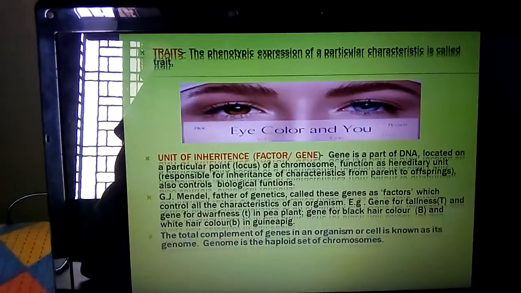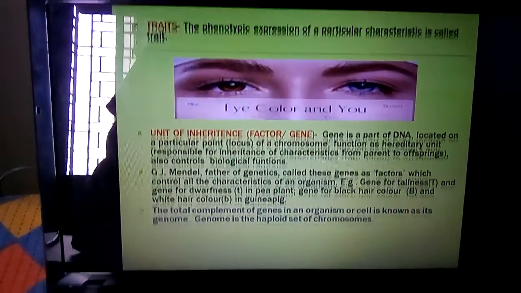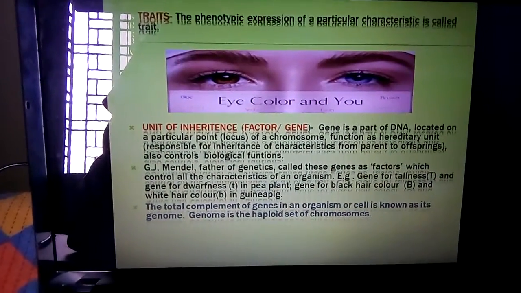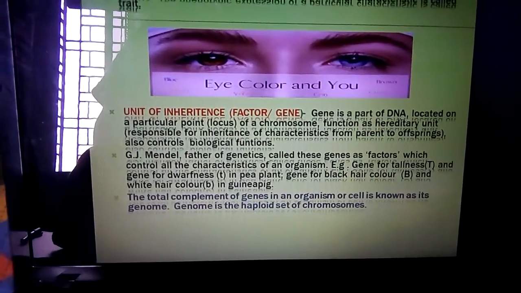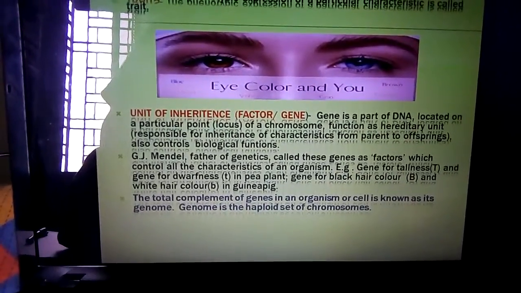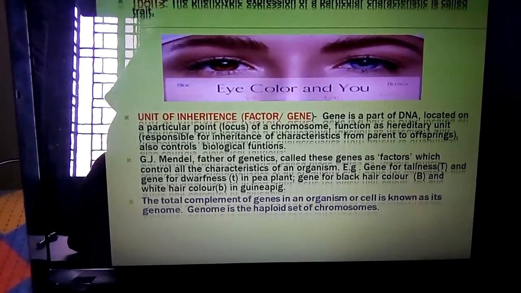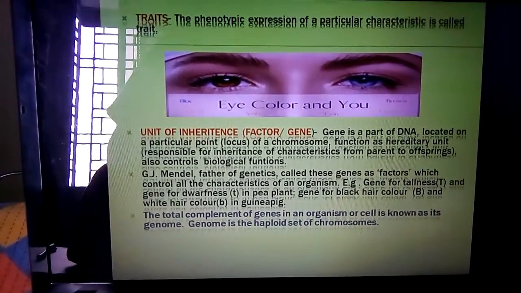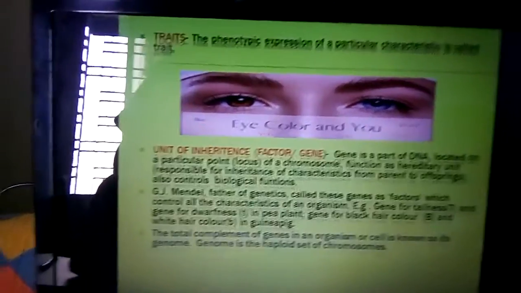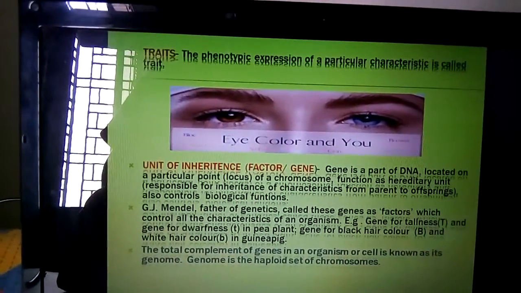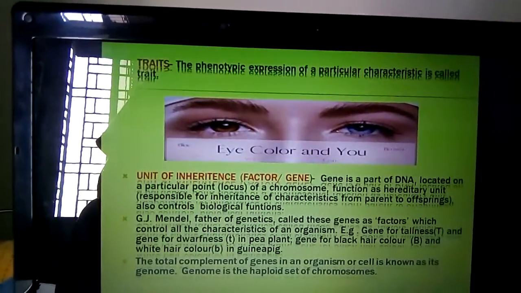So what is genome? The total complement of genes in an organism or cell is known as its genome. Genome is the haploid set of chromosomes. It means in a human cell, the haploid cell consists of 23 chromosomes.